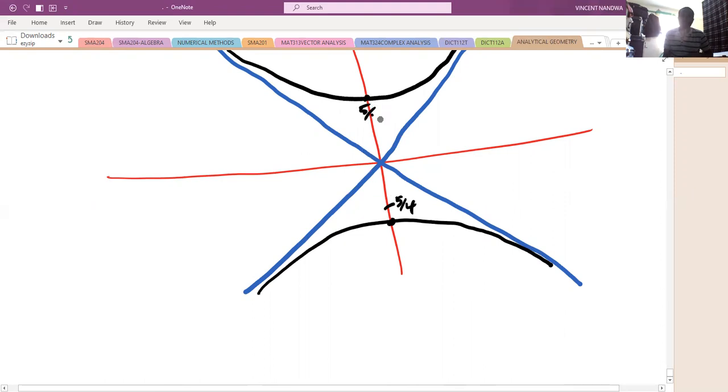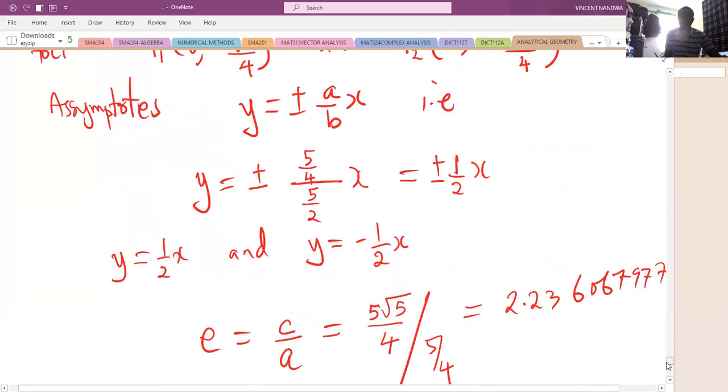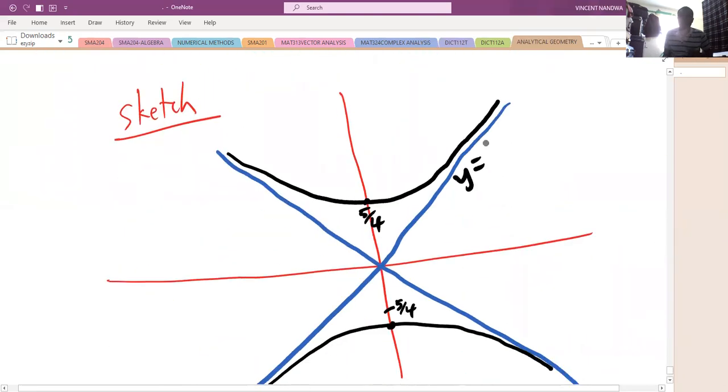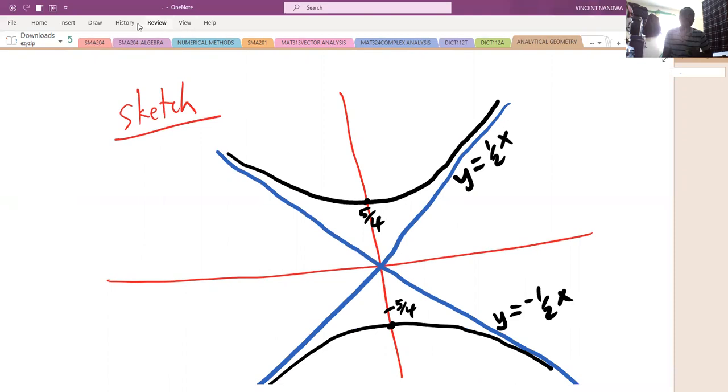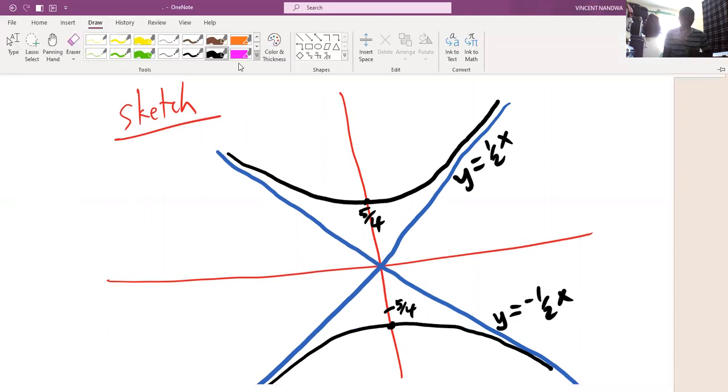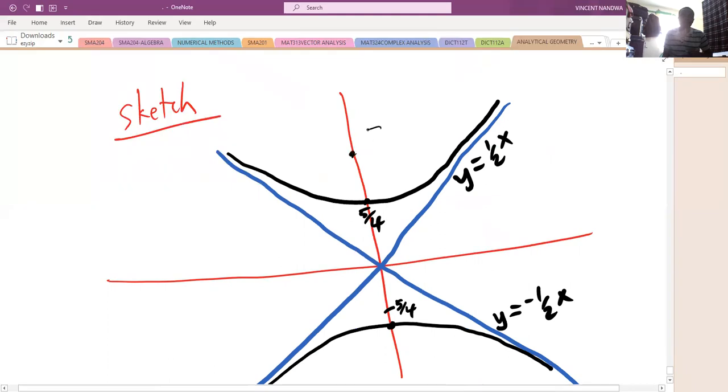Then we have y equals a half x and y equals minus a half x. This way you have f1, this you have v1, so you have v2, then you have f2 at this point here. So this is the graph of 4x squared minus 16y squared plus 25 equals 0.